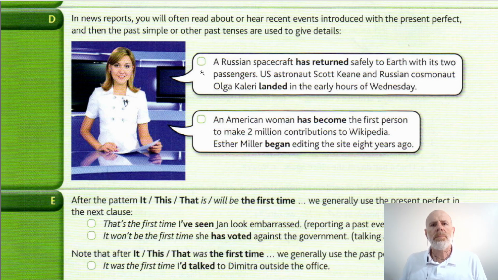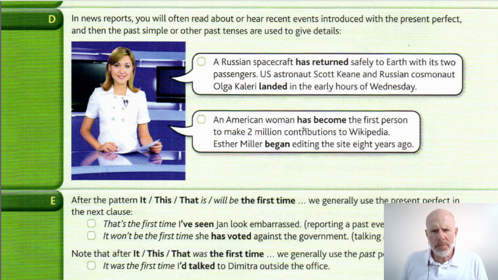Look at these examples. A Russian spacecraft has returned safely to Earth. Has returned. So I'm introducing the topic with its 2 passengers. US astronaut Scott Keane and Russian cosmonaut Olga Kalary landed in the early hours of Wednesday.